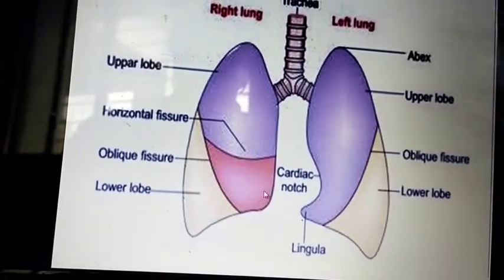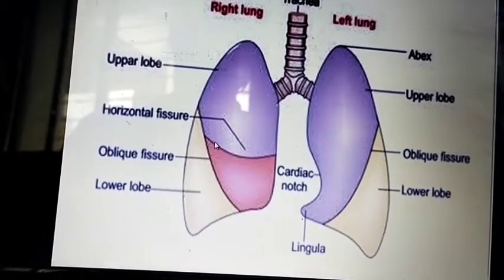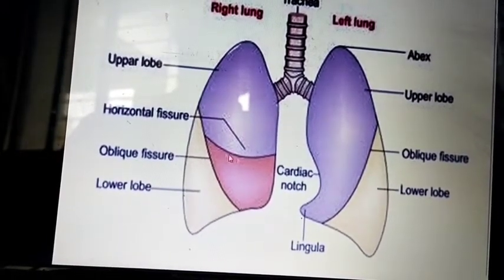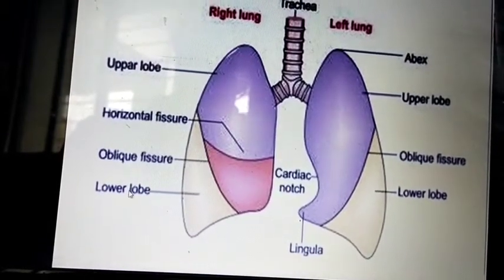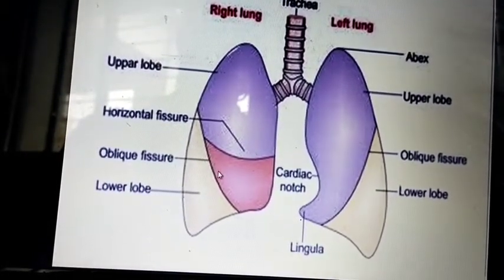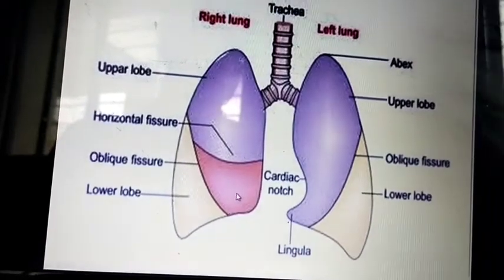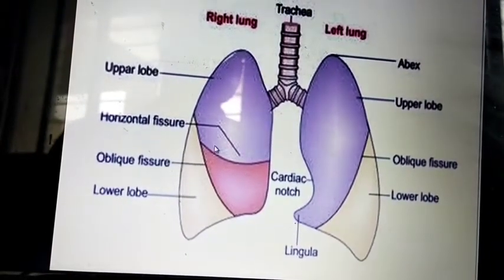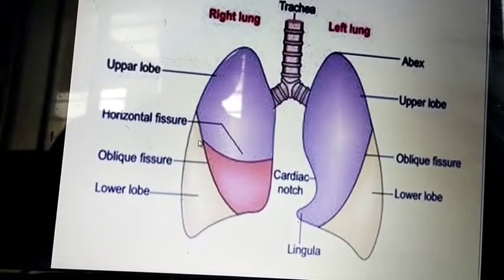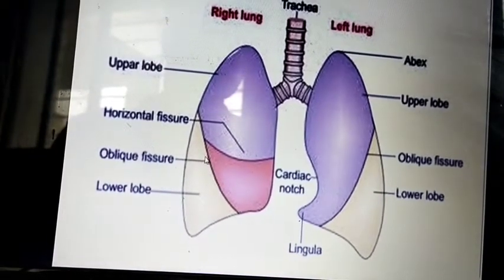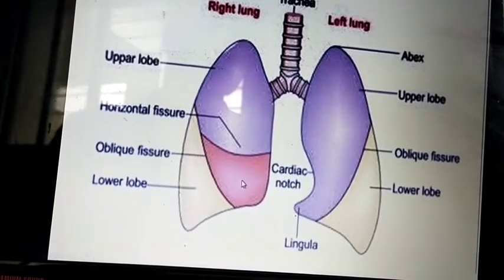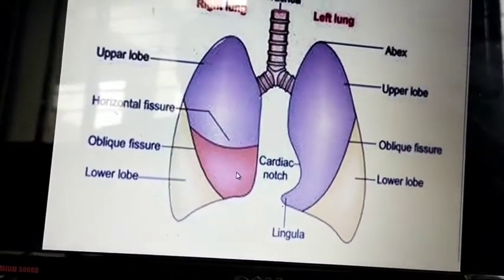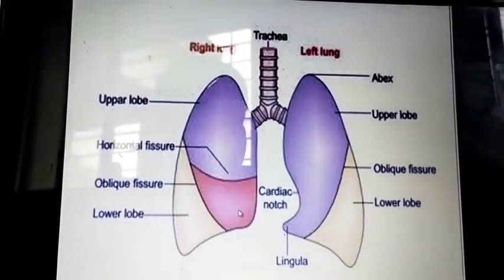The horizontal fissure and the oblique fissure join together and form the middle lobe. They join together and form one separate lobe, the middle lobe.